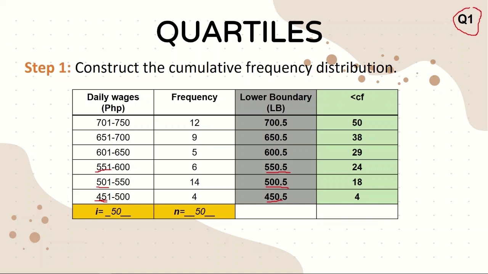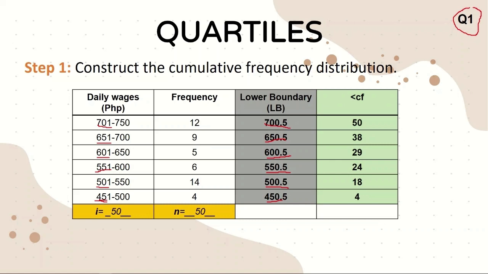Same with the fourth class. The lower class limit is 601. 601 minus 0.5, so the answer is 600.5. For the sixth class, 651 minus 0.5, the answer is 650.5. For the seventh class, the answer is 700.5.